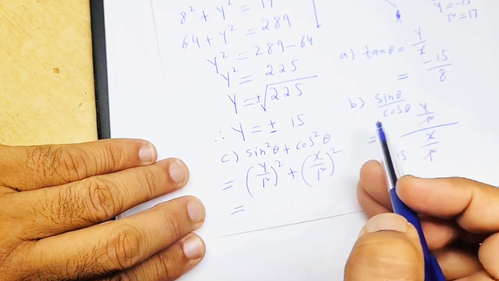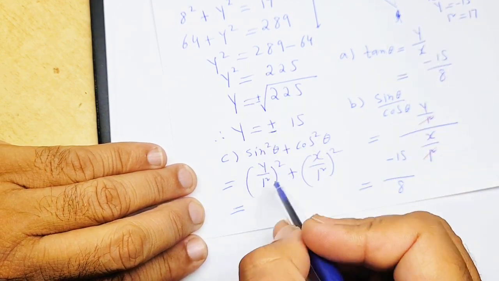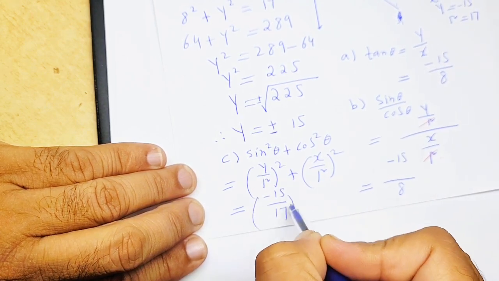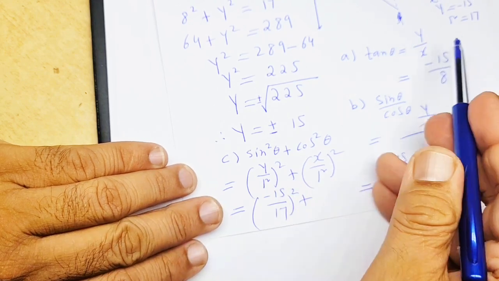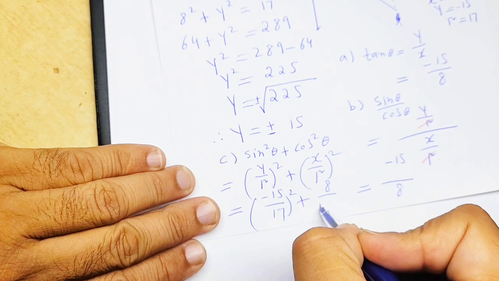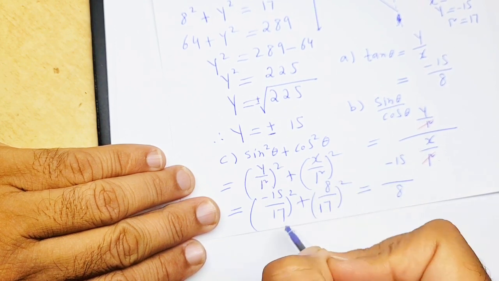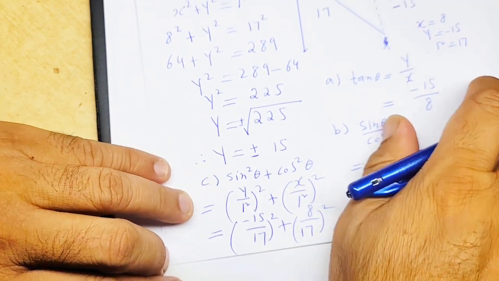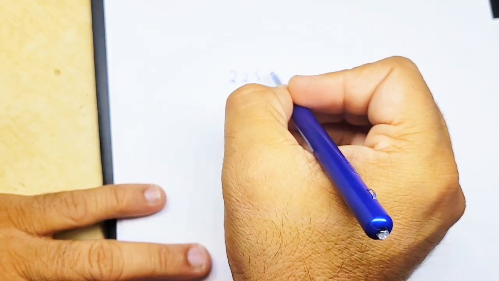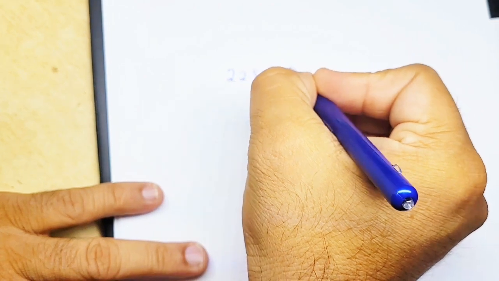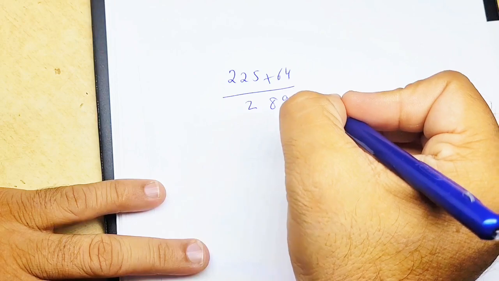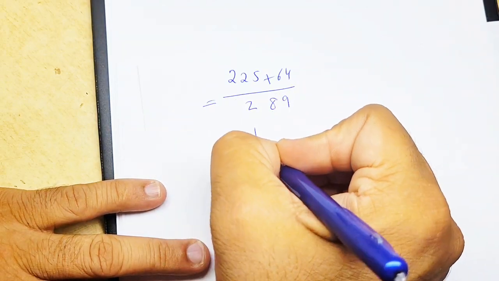So y we have now negative 15, over the radius 17 square, plus x we have 8 over r value 17 square. We need to simplify this one. It's going to be 225 plus 64 over 289. I used the calculator. The answer is equal to 1.